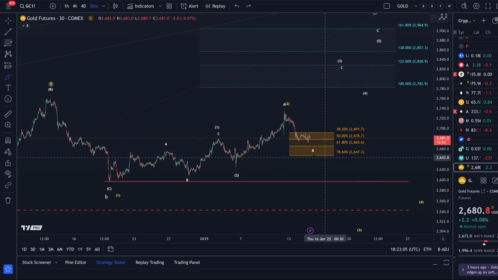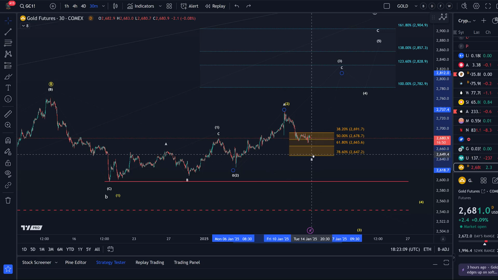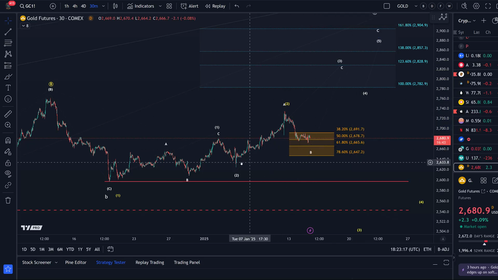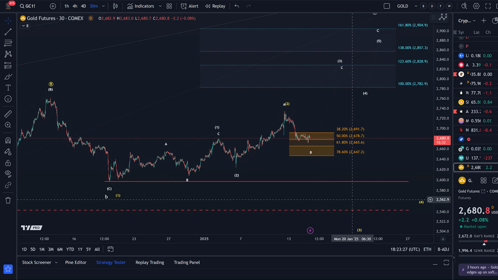But even if we break below support, if it's a B wave, they sometimes don't respect support levels so much. This is not an invalidation point like the 78.6 retracement, right? It matters also, do we hold this red line? That's really key because a larger 1-2 setup could apply here. And I would want to track that before committing to the yellow scenario.